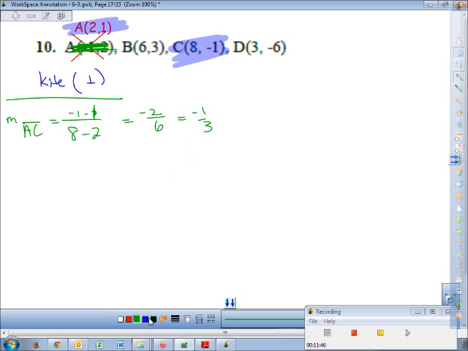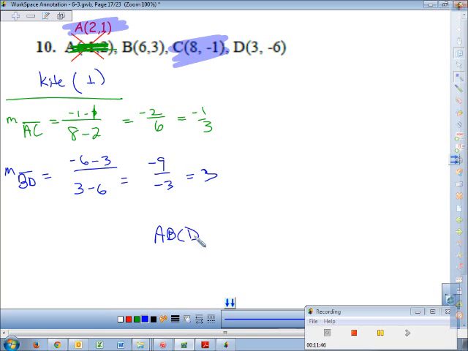Is that the right slope? Slope of 3 for the other one. Tell me what we got.